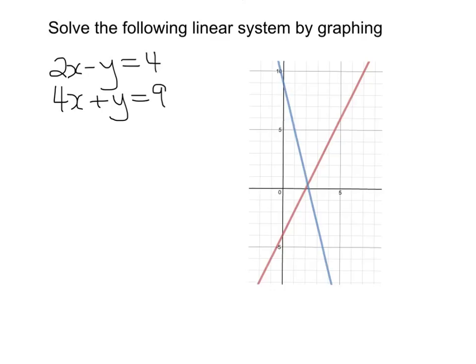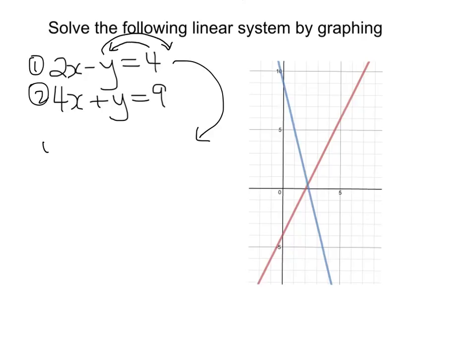If we were to do it by graphing, you would see that we have the first equation and second equation, but neither one of them are in a form that we really want to use for graphing. So I'm going to take that first equation, and I'm just going to rearrange it. So now I will move the y to this side, and I'm going to move the 4 to this side.